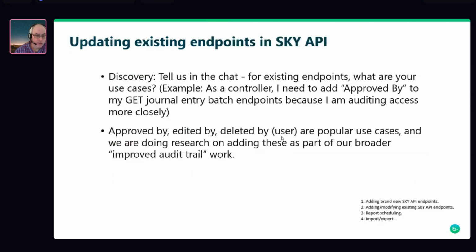Now I'm going to move on to something very similar, which is updating existing endpoints in Sky API. So we have an endpoint. Maybe I'll give you an illustration. When we started accounts receivable, there have been 2 or 3 teams involved in that.